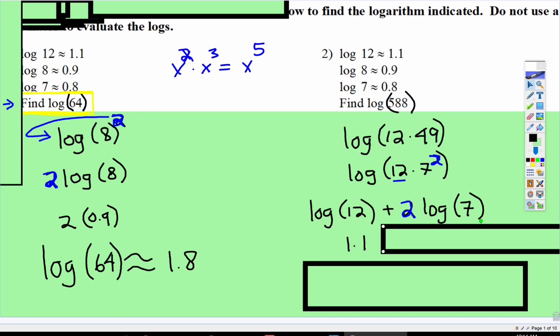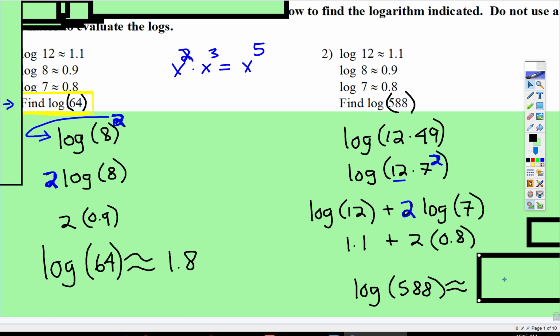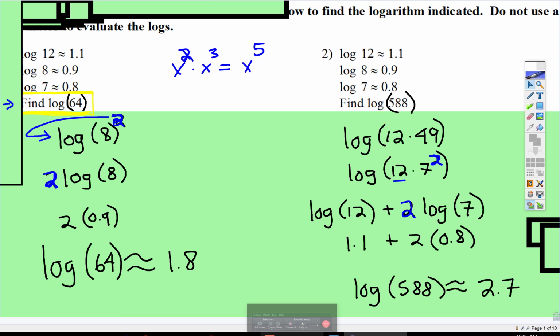And we know log 7 approximates 0.8, but we have 2 times 0.8. And then when you simplify that, you rewrite log 588 is about, and then you just do the math. 2 times 0.8 is 1.6. 1.6 plus 1.1 is 2.7. All right, and that'll be it for this one.